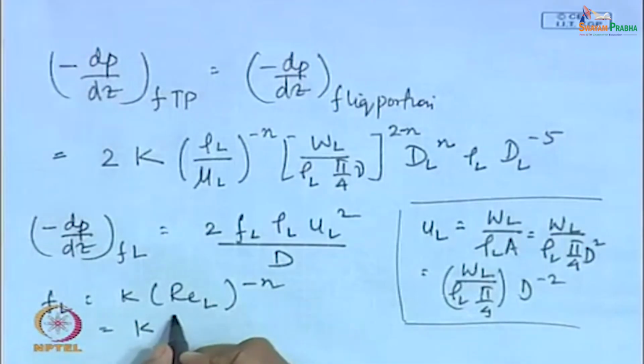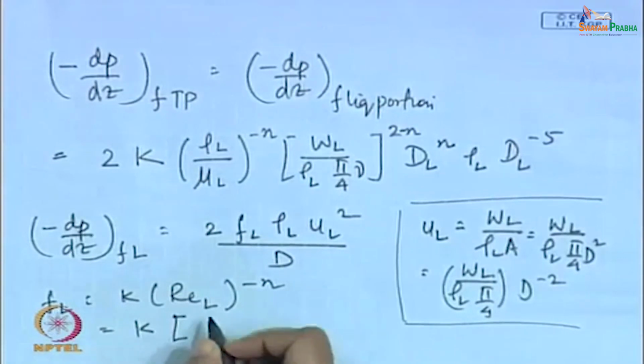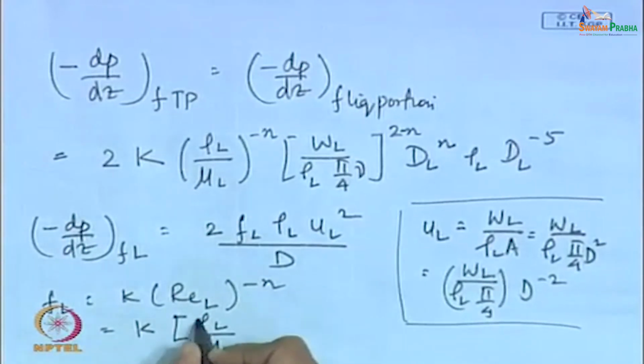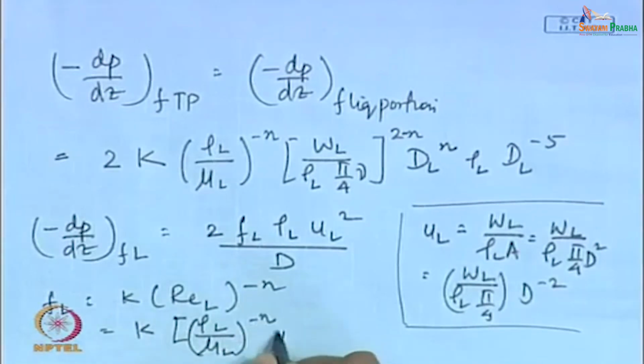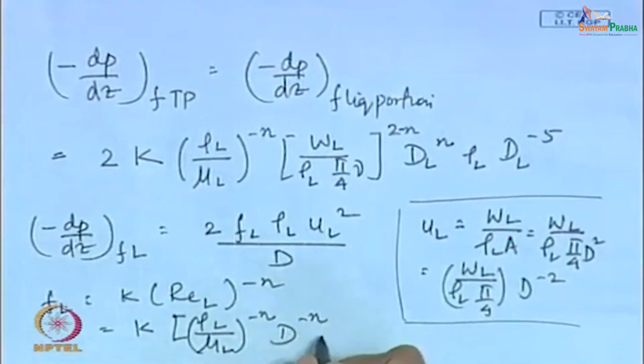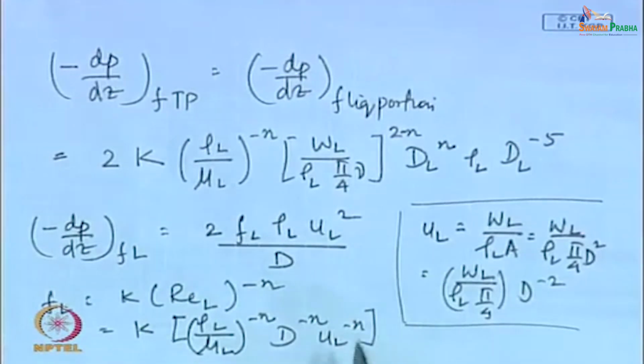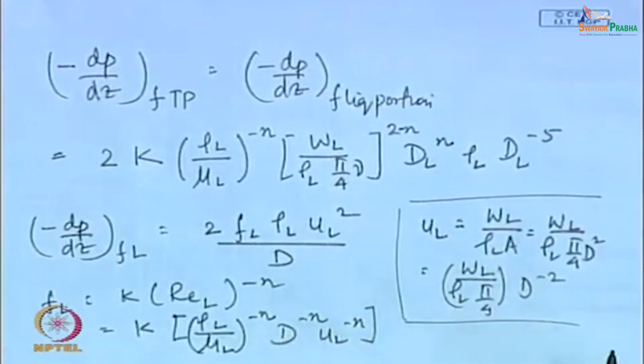So, K, this is going to be rho L by mu L whole to the power minus n, D to the power minus n, UL to the power minus n. I have just broken it down so that I can make the necessary substitutions, fine.